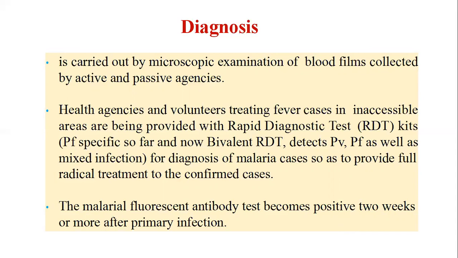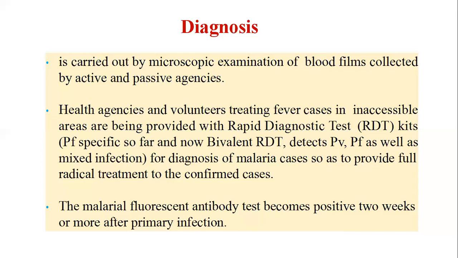Health agencies and volunteers treating fever cases use RDT, meaning rapid diagnostic test kits, for malaria detection. Nowadays falciparum-specific and bivalent RDTs that detect both vivax and falciparum, as well as mixed infection, are available for the diagnosis of malaria cases. So kits are available to detect different types of Plasmodium species.